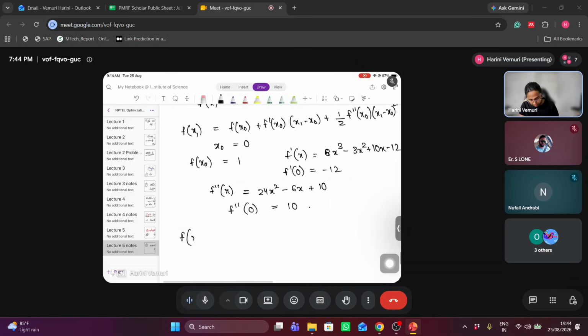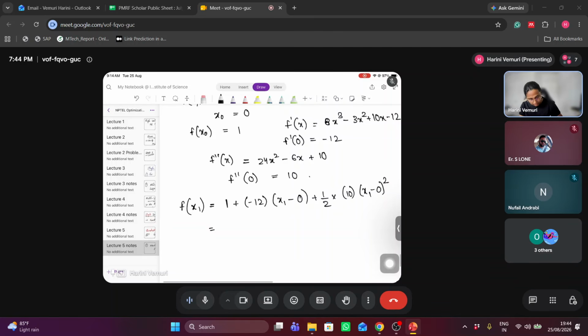Okay, so f of x1 is equal to f of x naught is 1, f dash of x naught is minus 12 into x1 minus 0 plus 1 by 2 into f double dash of x naught is 10 into x1 minus 0 whole square. Okay, so that is 1 minus 12x1 plus 5x1 square.